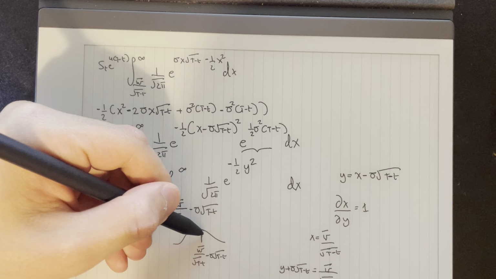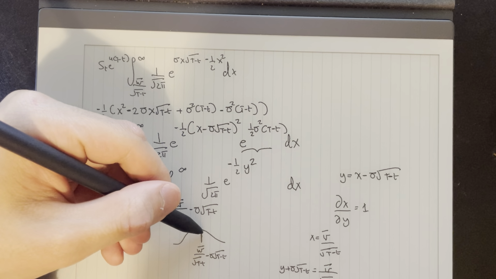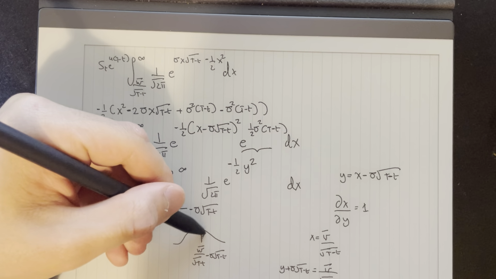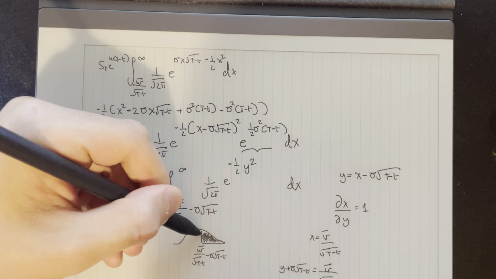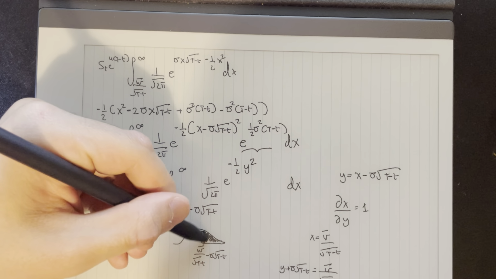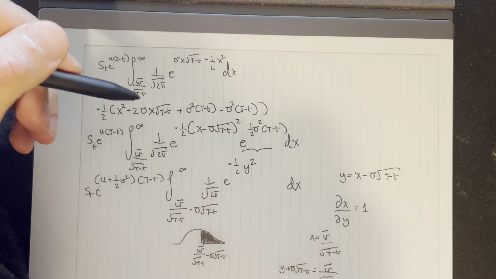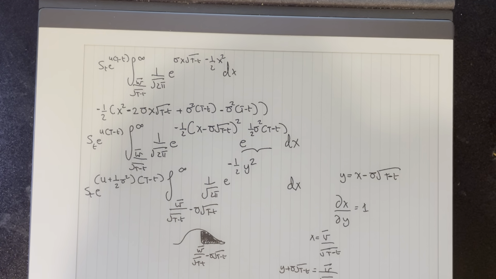And we're saying everything greater than that, we're summing, and that is this part of the PDF. That's all we're doing. We're basically summing this portion of the PDF.